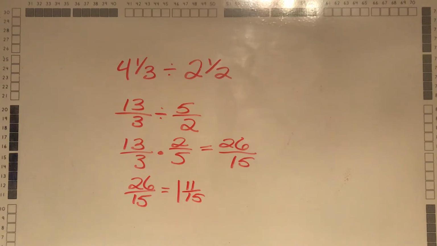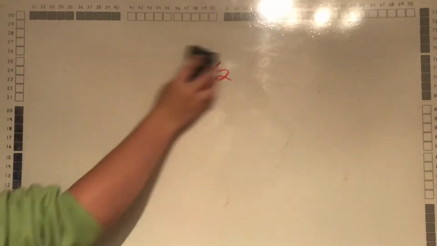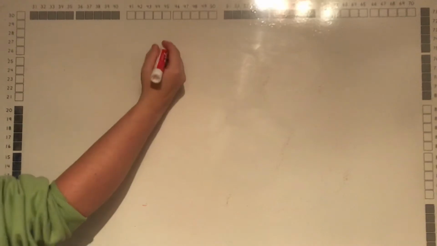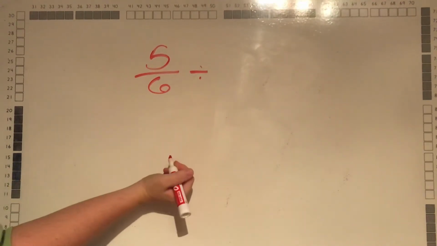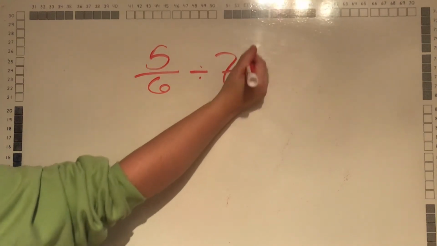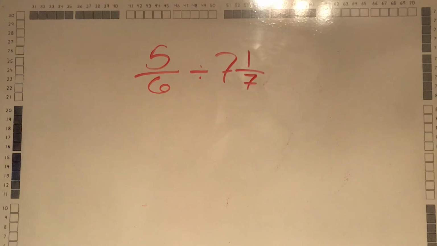All right, let's do example 2b. It says 5/6 divided by 7 1/7. Again, with the mixed numbers, we have to put them into fraction form.